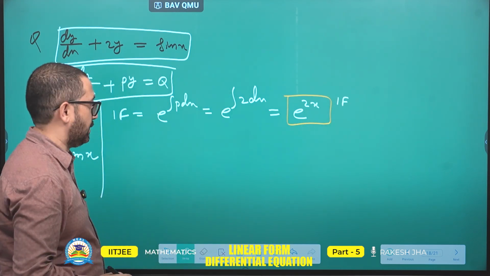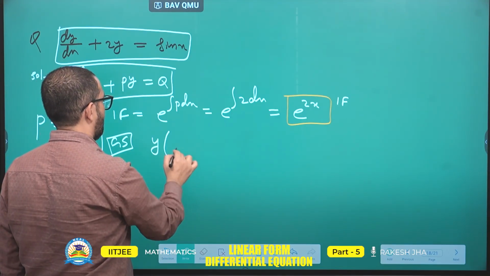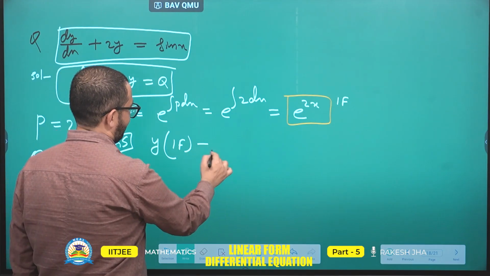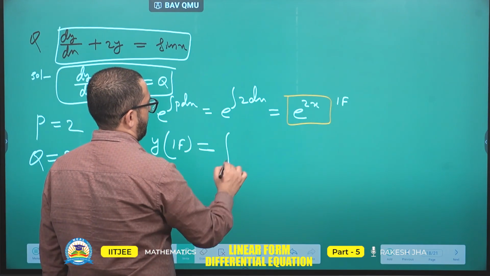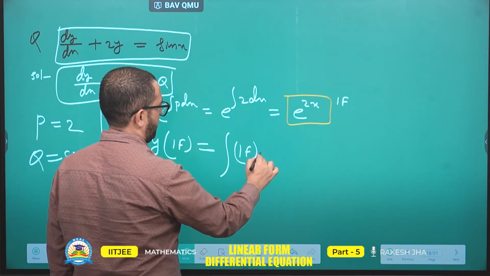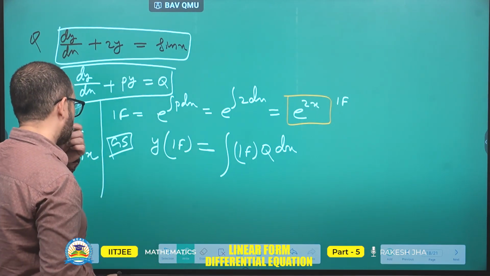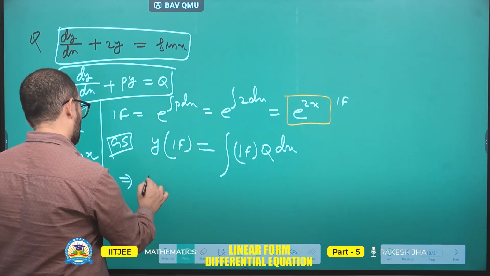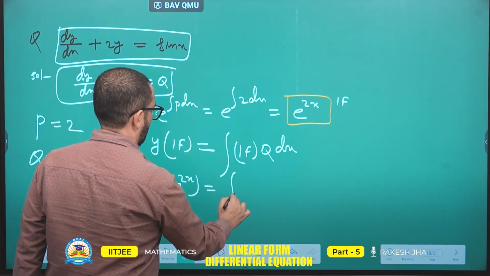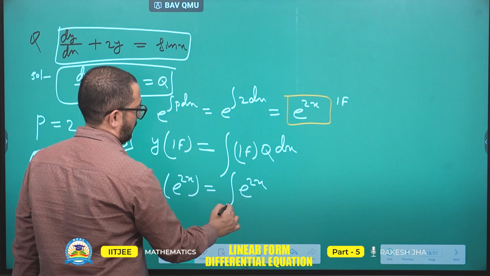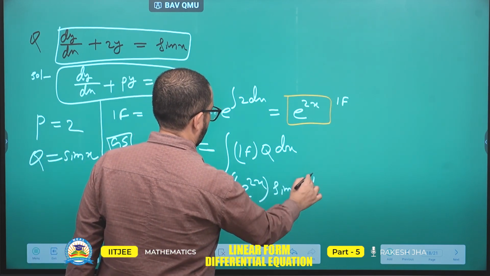Now we have to find the general solution of the given differential equation, that is y times integrating factor is equal to integral of integrating factor times q dx. Now we put the value of the integrating factor. So y times e raised to the power 2x is equal to integral of e raised to the power 2x, and then q is sin x, and then dx.